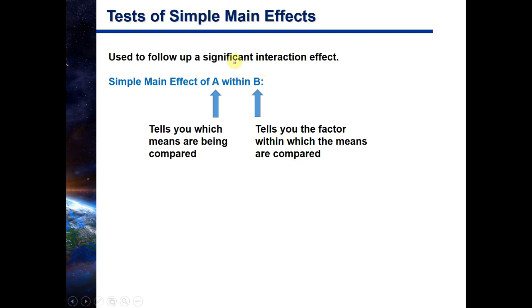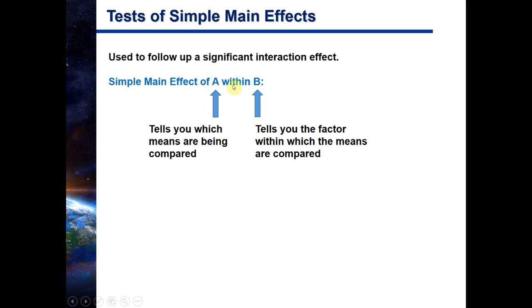And again, only if the interaction effect is significant. If it's not significant, do not ever do tests of simple main effects. And remember, tests of simple main effects are for the interaction, not for main effects, okay? All right.